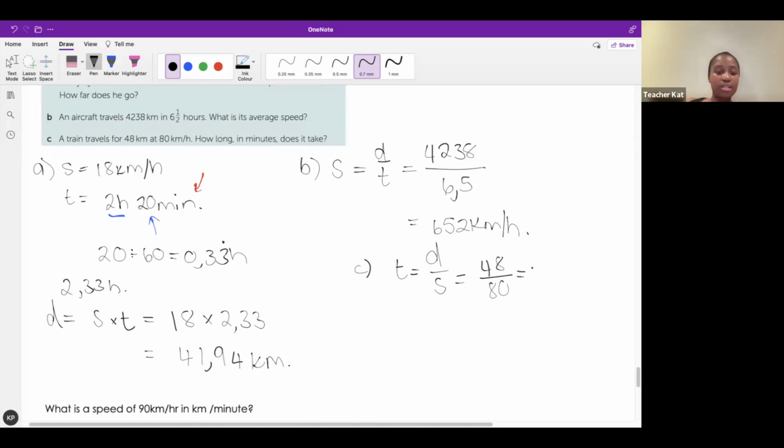48 divided by 80. That's 0,6 hours, but they asked for it in minutes. How do I know it's 0,6 hours? Because the unit here wasn't hours in the first place. So how do I go from hours to minutes? Hours to minutes.